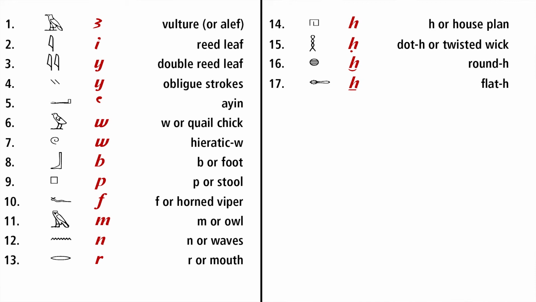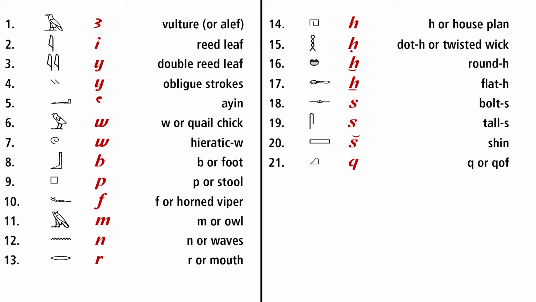And then we've got the three s's. We've got the bolt s, which is s as in snake, or if you're doing Old Egyptian, it's z as in zoo. We've got a tall s, which is also s as in snake. We've got the pool or sheen, which is the sh sound as in shake.